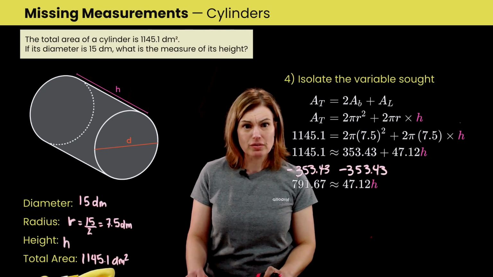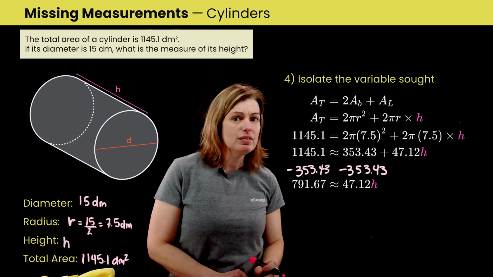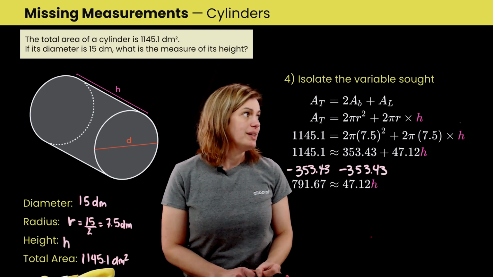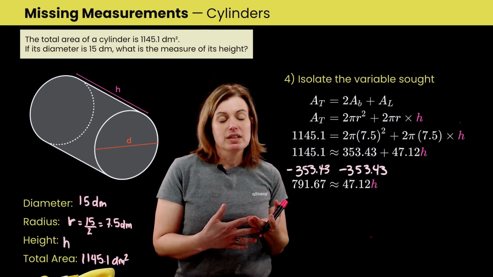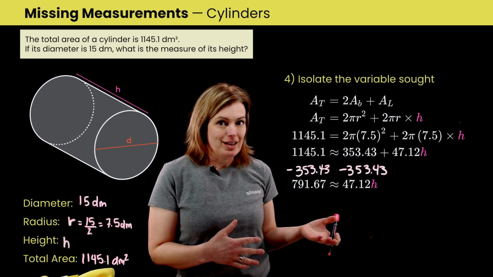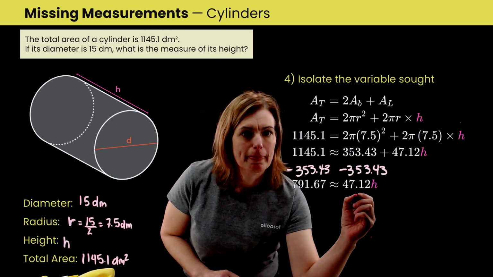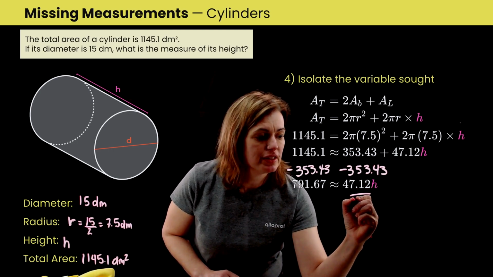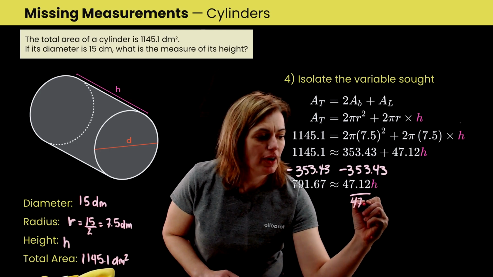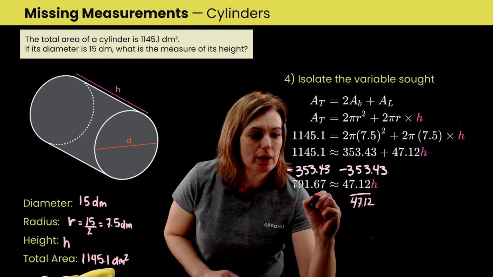So when we subtract it from both sides, we end up with 791.67, equaling approximately 47.12 h. Because we have to isolate the h, and right now it's being multiplied by 47.12, I'm going to divide both sides by 47.12.